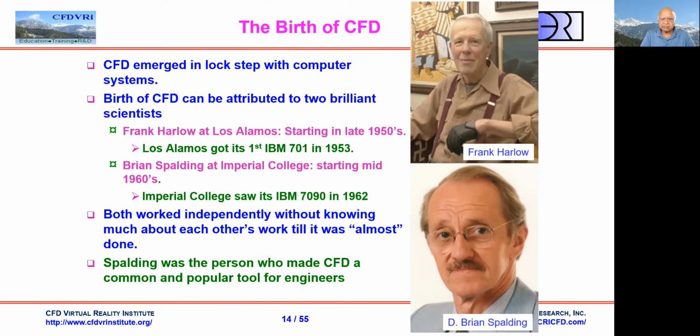Brian Spalding at Imperial College started in the mid-60s. That's when Imperial College saw its IBM 7090 in 1962. The interesting thing is that both worked independently and didn't know much about each other's work till both had almost done it. But it was Spalding who made CFD a common and popular tool for engineers.